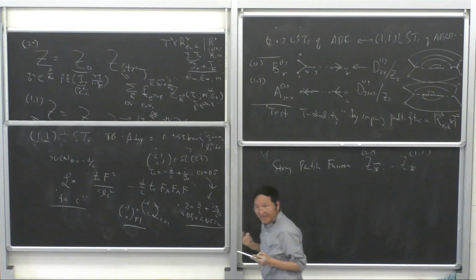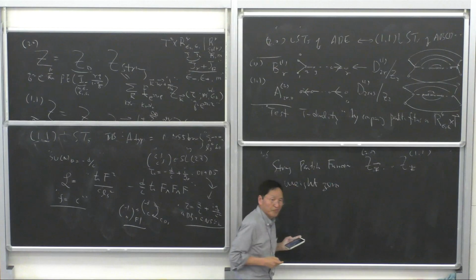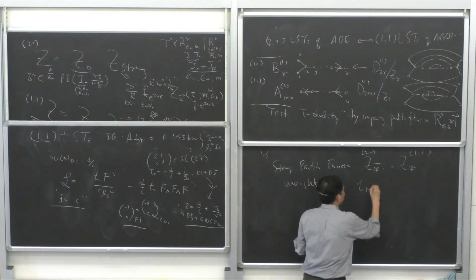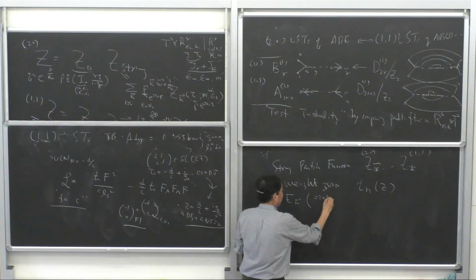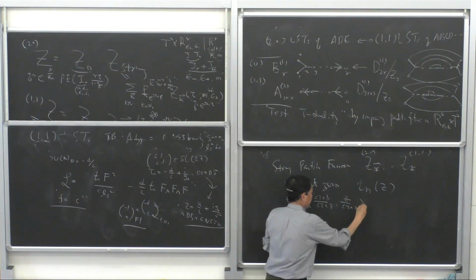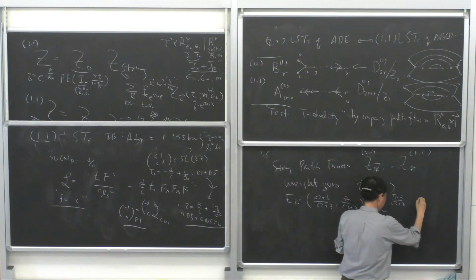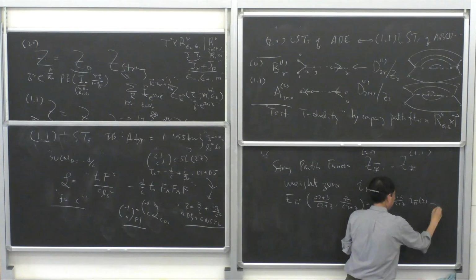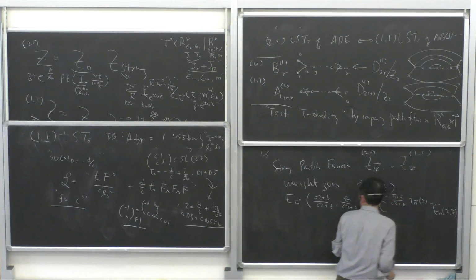So this is a weight zero modular form with index I and Z. So if I have a modular transformation, so E and G are the same thing.